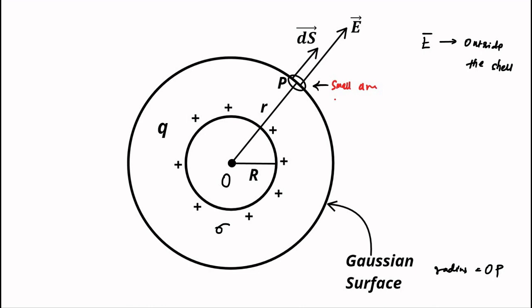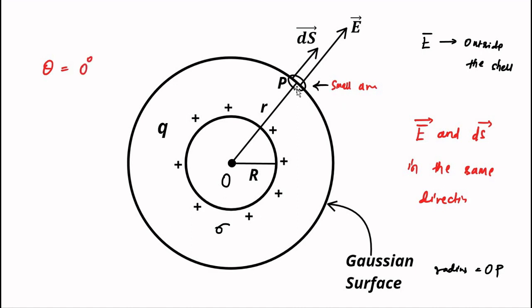We know electric field lines are always directed away from the positive charge. So here the electric field line is directed away from the positive charge, also in the same direction as the area element vector. So both E vector and ds vector are in the same direction. So the angle between them in this case is equal to 0 degree.